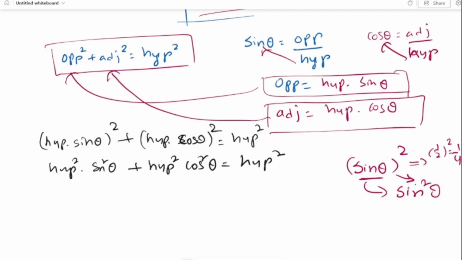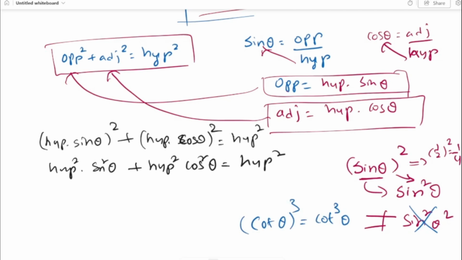Sine theta whole square is written as sine square theta. It's not written as sine square theta square. Remember, this is wrong. Likewise, if I want to cube, cot theta whole cube would be cot cube theta. Remember this, right?